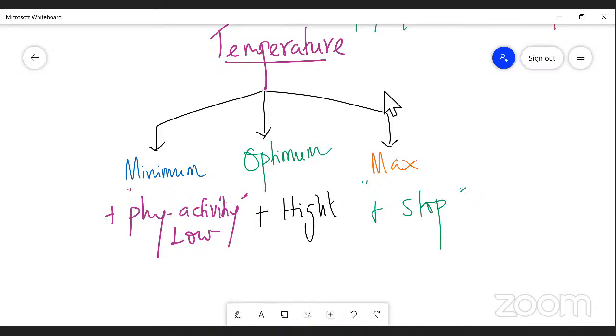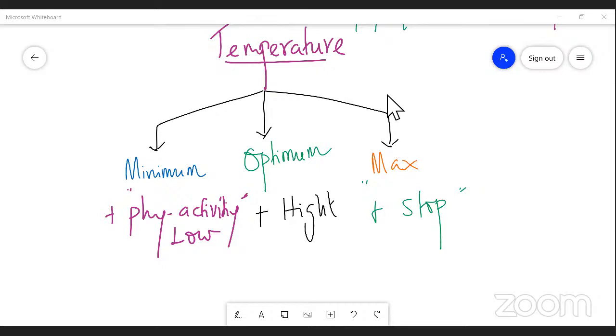Okay, dear student, now did you understand what temperature is and what the types of temperature are, right? What will happen at minimum temperature? Physiological activities are very low in nature. Very good.